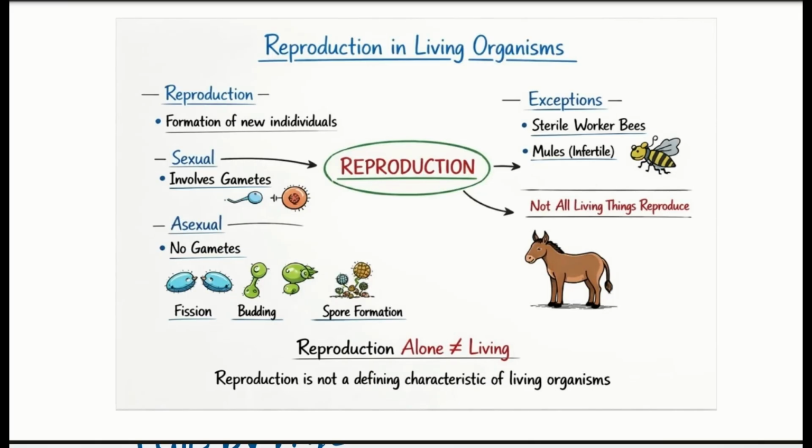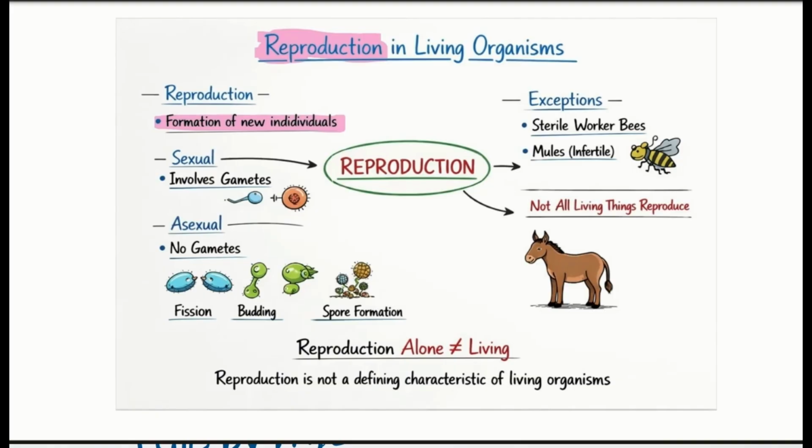Now let's move to another important characteristic of living organisms, reproduction. So what is reproduction? Reproduction means formation of new individuals. In simple words, living organisms produce more organisms like themselves. Now, there are two main types of reproduction.